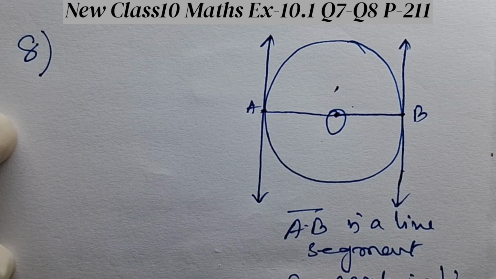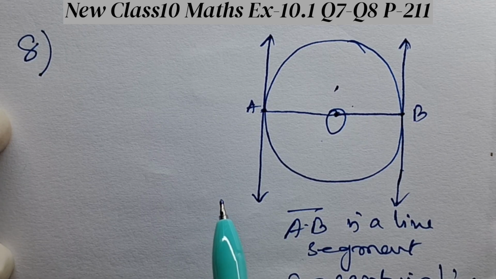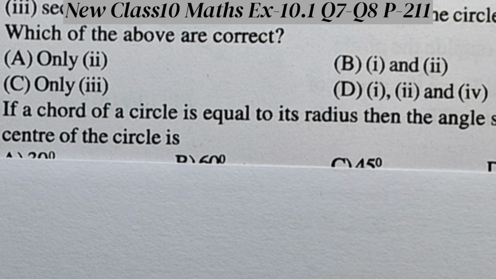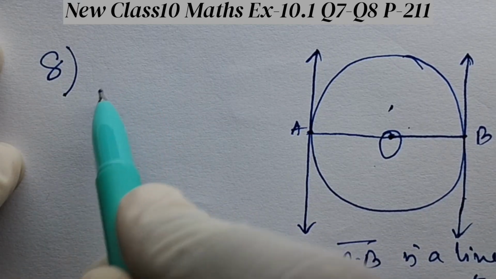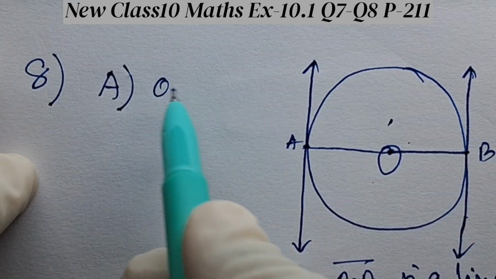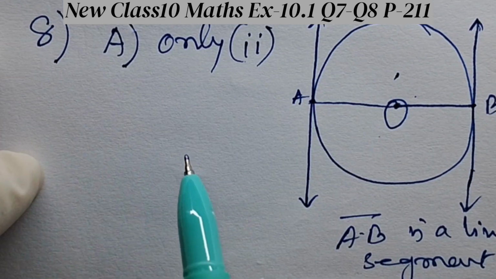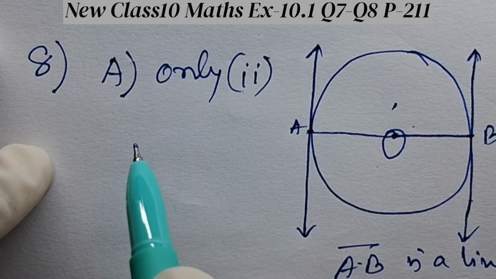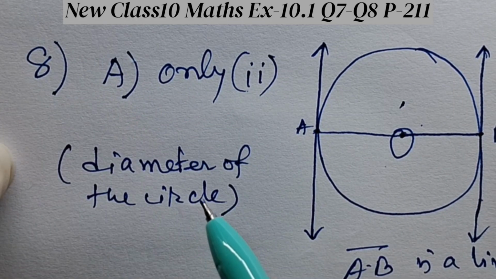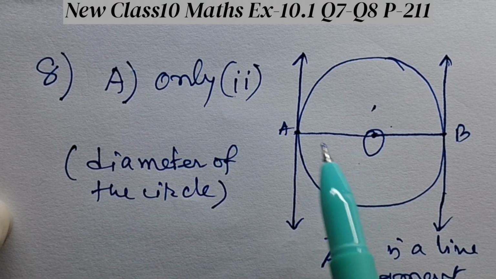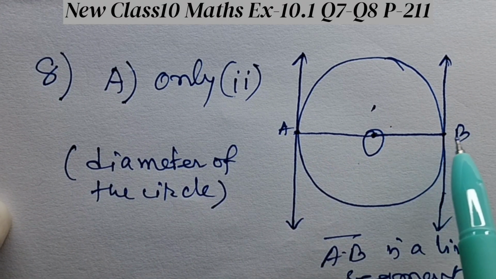The option 2, diameter of the circle, is correct, so the answer is A, only Roman 2. It is not the secant of the circle because it is a line segment, not a line.